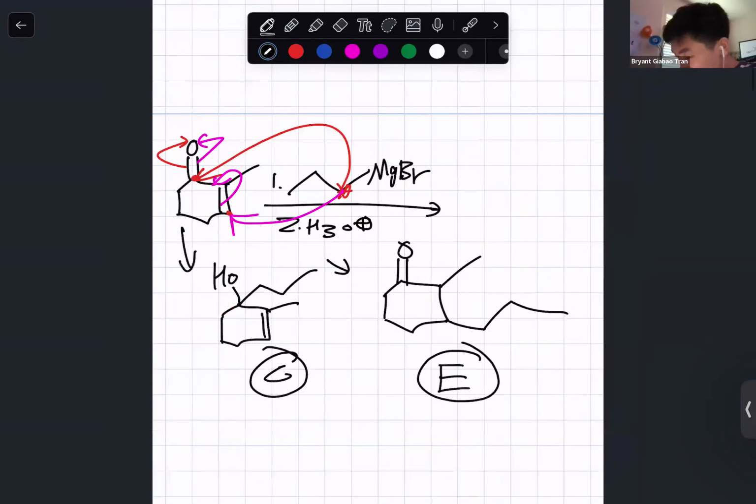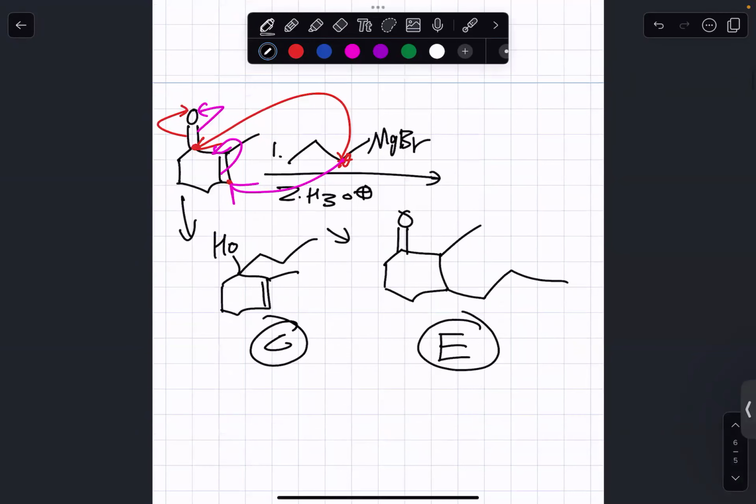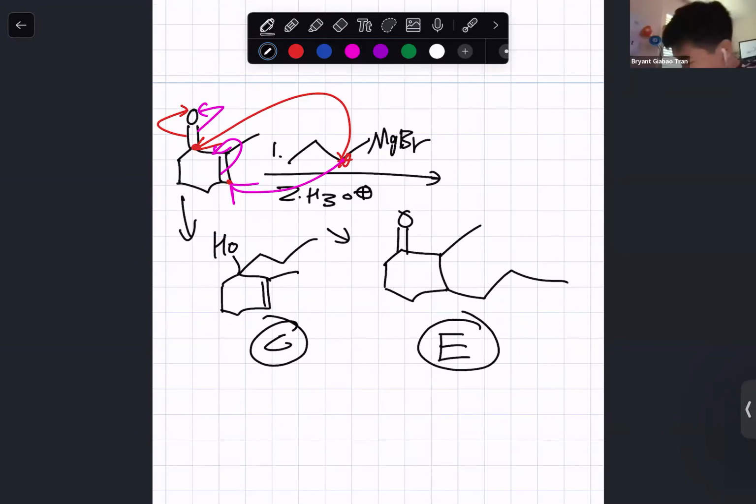Right. Wait, did she go over this in lecture yet? The conjugate addition, direct addition, 1,2 addition, 1,4 addition with the hard soft nucleophile, enone, alpha beta unsaturated carbonyl. Did she go over this in lecture yet? Not yet, I think. Oh shoot. Okay.